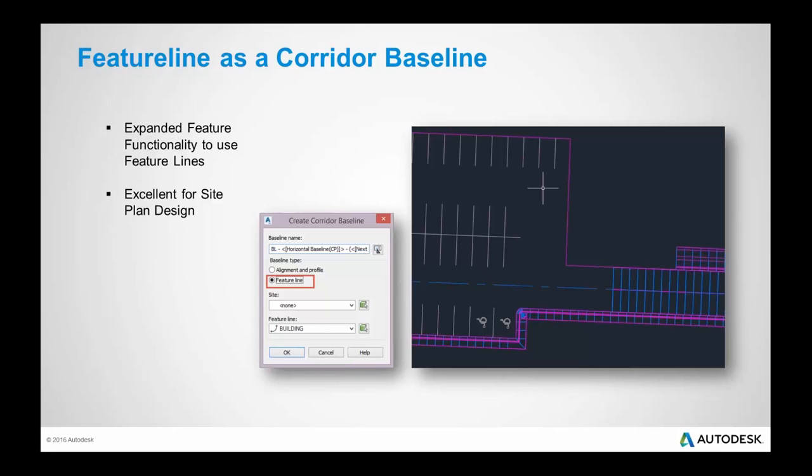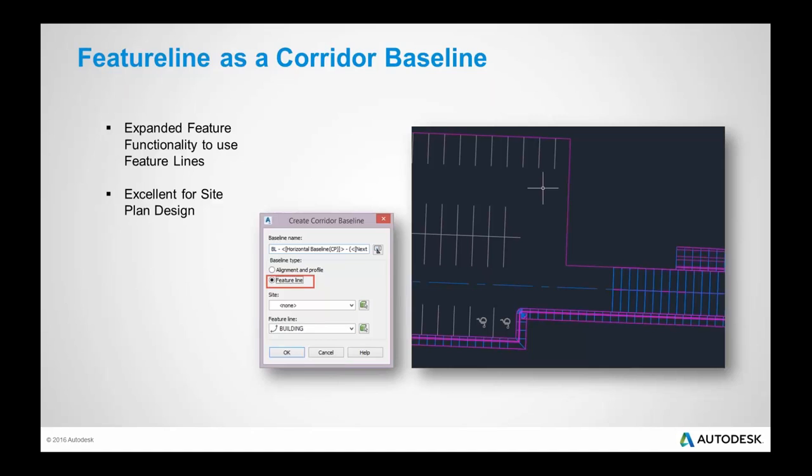And when it's more of a site grading type scenario, this concept really starts to come into play, where you build parking lot type corridors, or something similar to the screenshot I have there, with feature lines, because stationing really isn't a concept that we care about in a parking lot, right? We might have maybe a central road running through there.